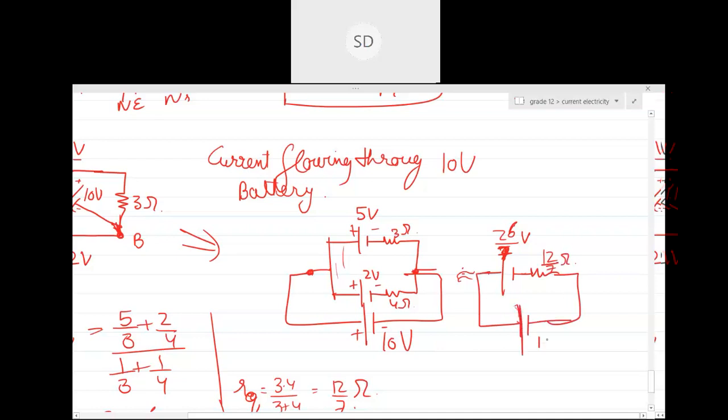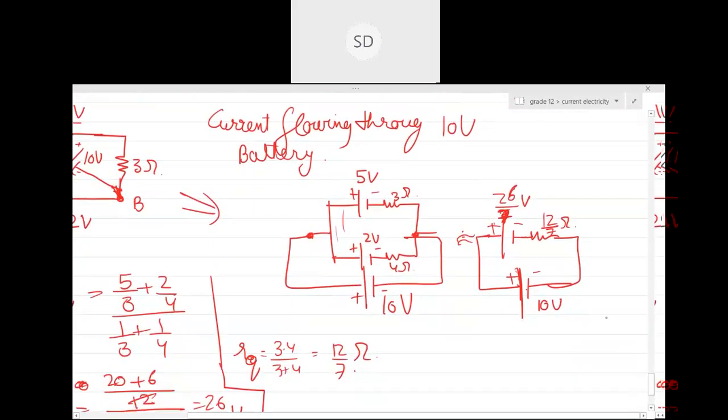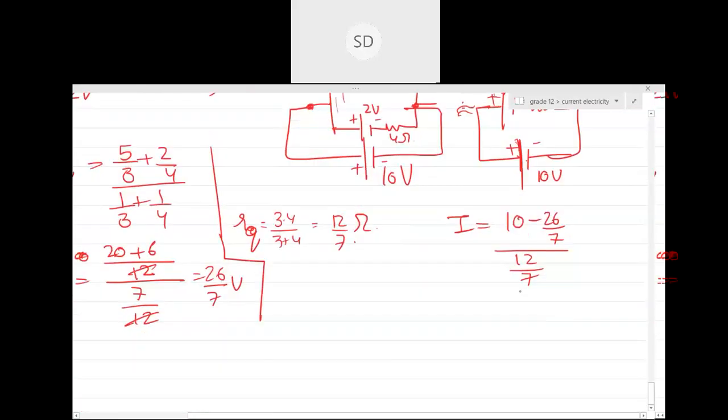Can anyone find the current now? This battery and that battery are in opposite directions. This battery is trying to send current clockwise, whereas the other is trying to send it anti-clockwise. Whichever is bigger wins. The current through the 10 volt battery will be (10 minus 26 by 7) divided by 12 by 7, and that is your final answer in terms of ampere.